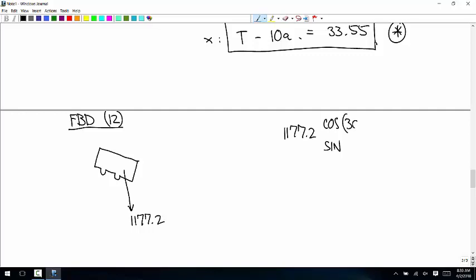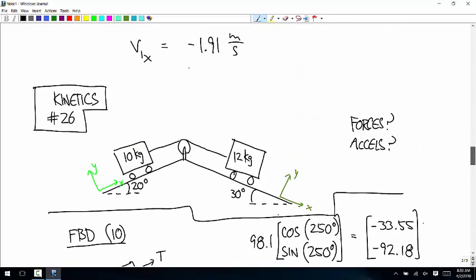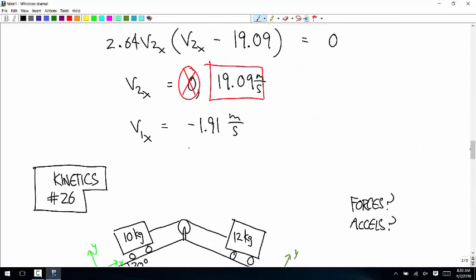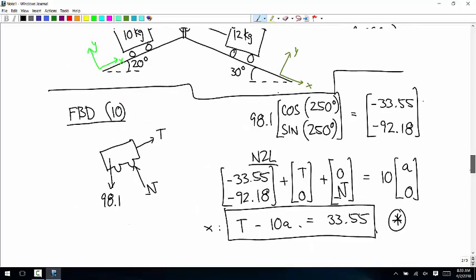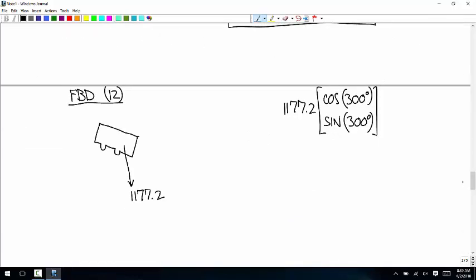So this angle will be 300 degrees for the second one. The angles are different. This one. Yes. 117.72.